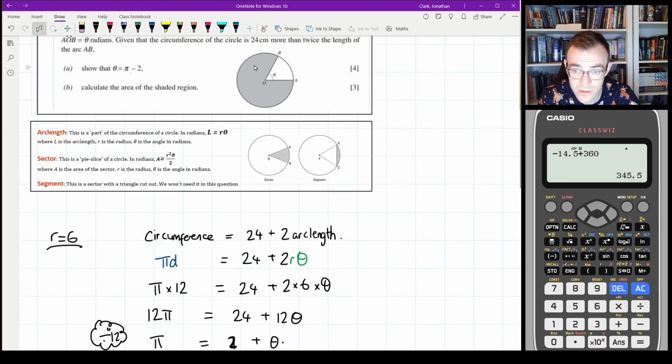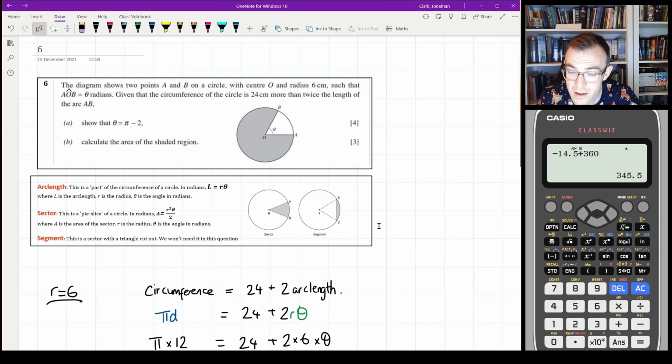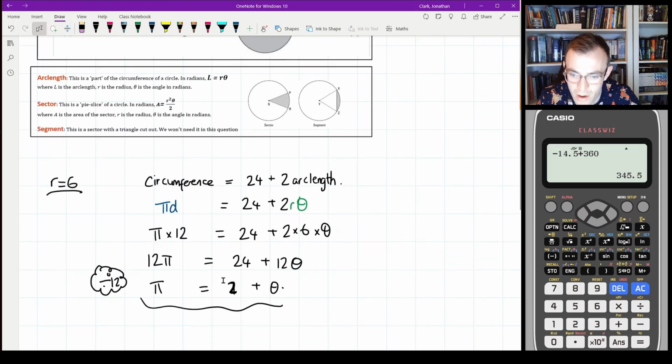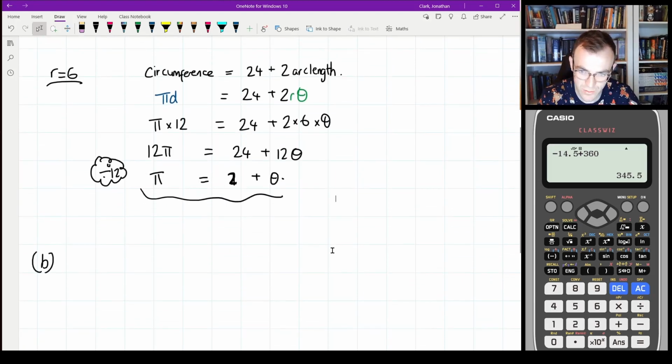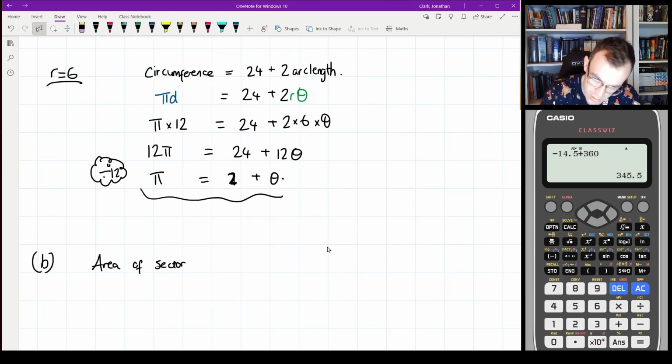Okay, so the shaded region is a sector. Do I know the angle? Right, okay. So I don't know the angle, but oh no, I can get the angle. I've got this statement here. All right, okay, cool. So area of sector is r squared times the angle all over 2.